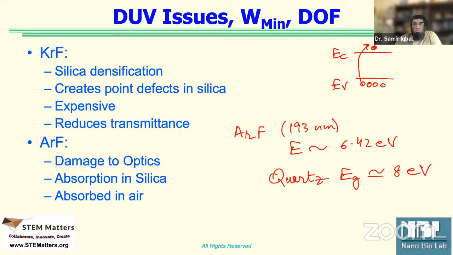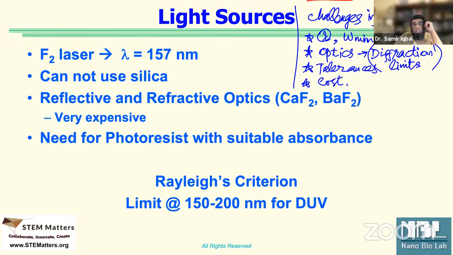That high energy becomes problematic, as now we start messing up with the system itself. So damage to optics and absorption and all those things start coming up. So we have to keep on pushing, and we can get to 150, 200 nanometers just by playing with the light source.